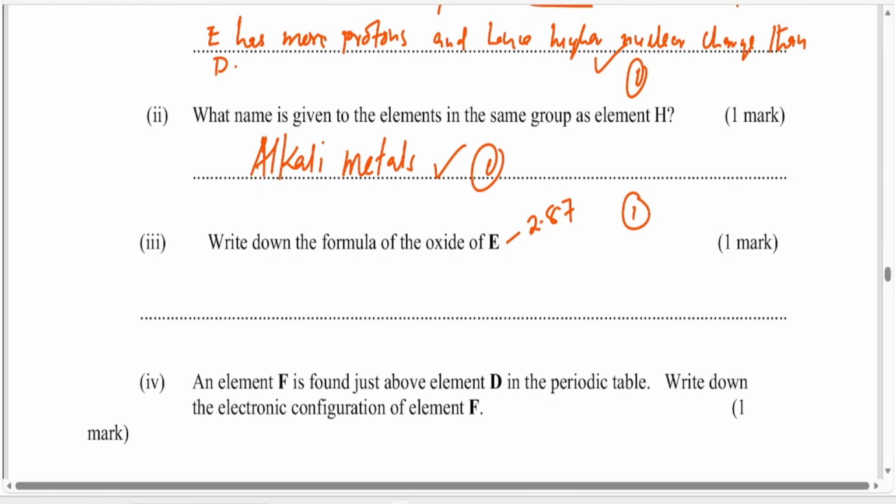So we can write this formula in 2 ways. The first way, it is E oxide. E having 7 gives this 7, and this takes the 2. Sometimes if you know it is chlorine, you may find a student writing Cl2O7. And we have another way.